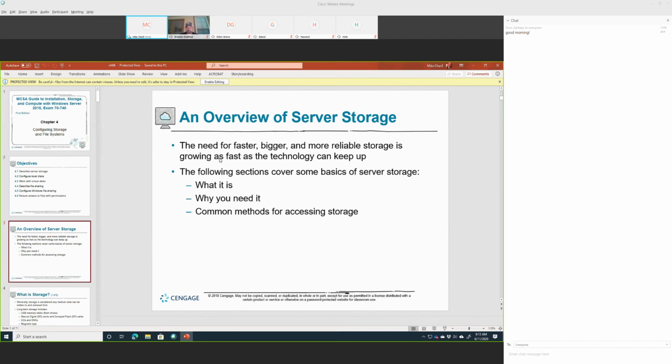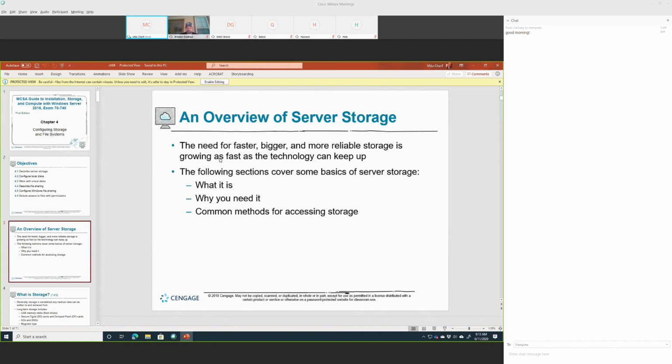So, how you access it: there are multiple ways to access it. You can attach it to a USB, you can attach it to different interfaces. And also, you have it on the cloud. You can do it through cloud-based storage.